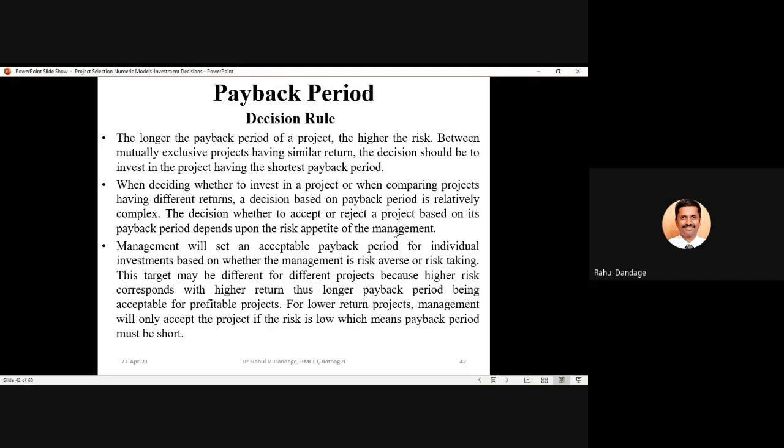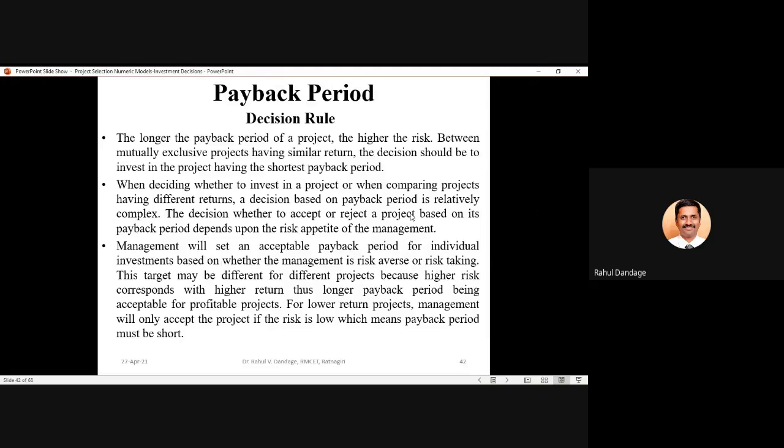If the calculated payback period of a project exceeds that benchmark, the project should be rejected. If it is less than the benchmark, the project may be considered. That is another way in which the payback period method can be used for deciding upon the project.